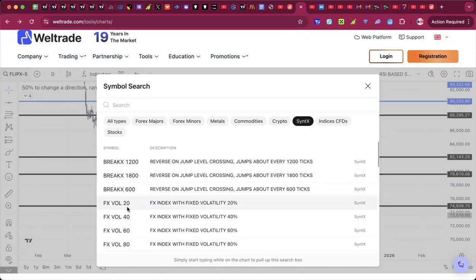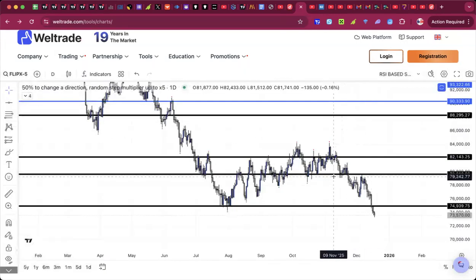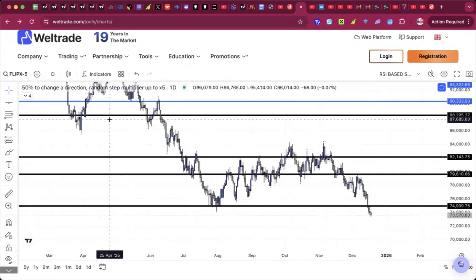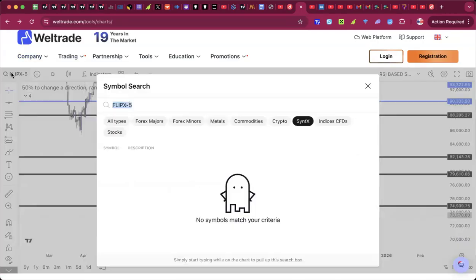Vol 20, vol 40, vol 60, vol 80, vol 99. So the interface and instrument names are not the same. So you can see this now. Let me look at Vol 4.